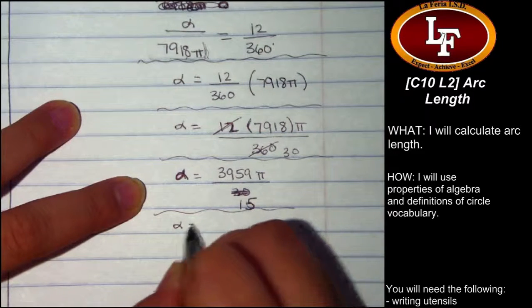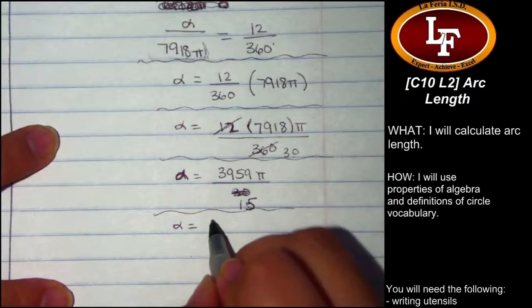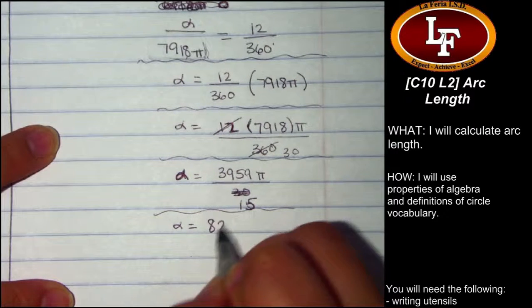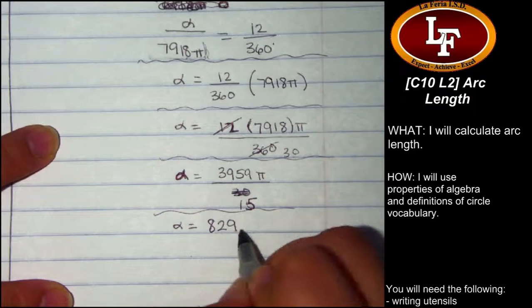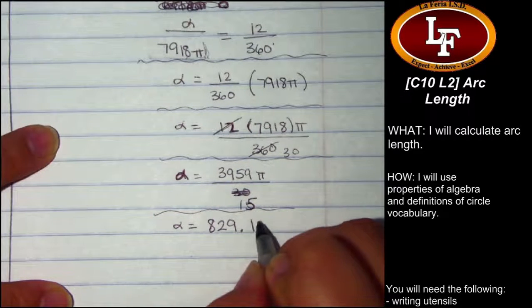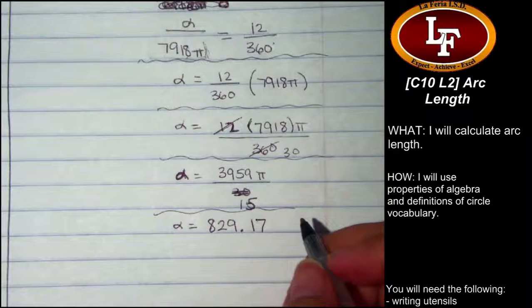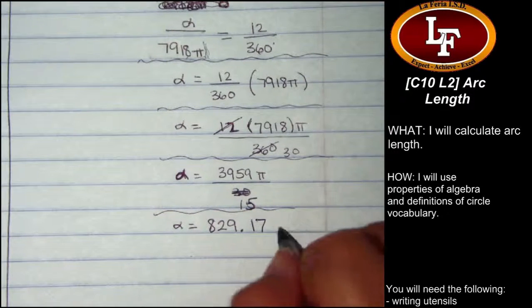And then once I have a number for that, I'm going to divide it by 15. And when I'm done, I get that this thing is 829.7 miles. Yes, miles.